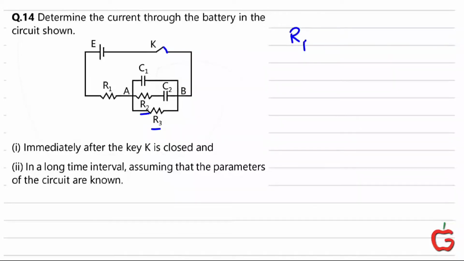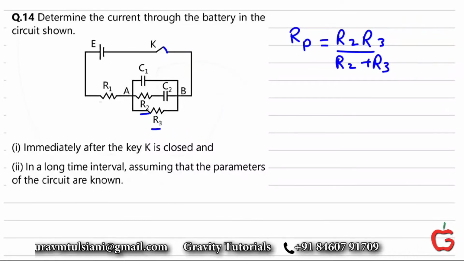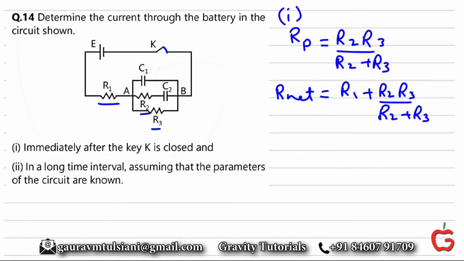So the effective resistance, parallel resistance of R2 and R3 is R2 R3 upon R2 plus R3. Okay, so this is the parallel connection of resistors, and they both are in series with R1. So the net resistance of the circuit immediately, that is in case 1, is R1 plus R2 R3 divided by R2 plus R3.